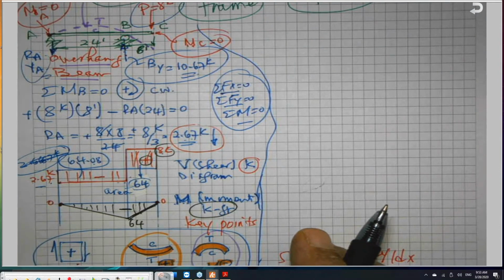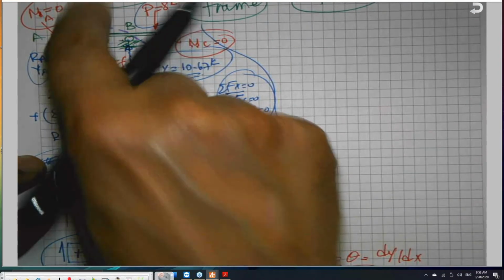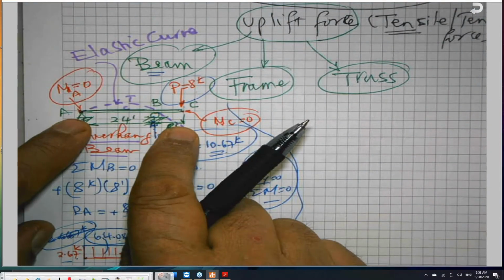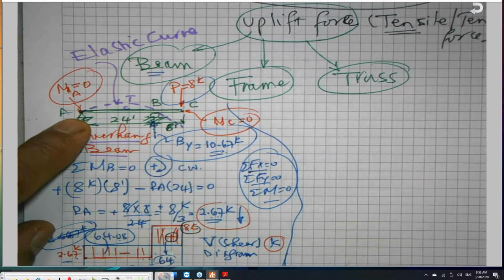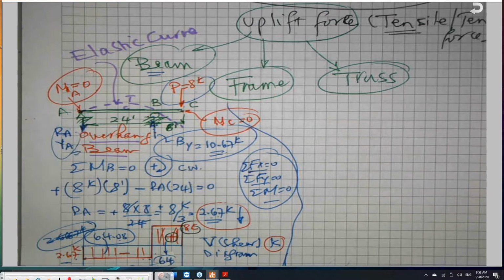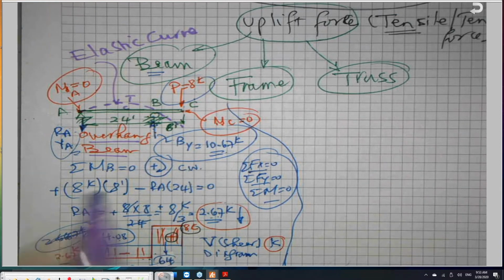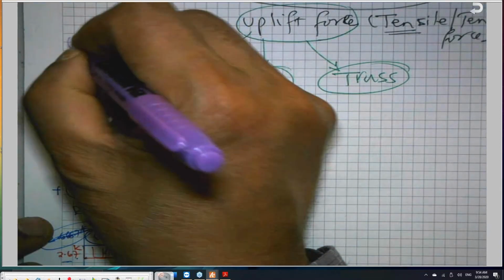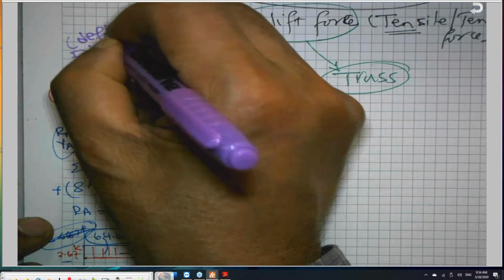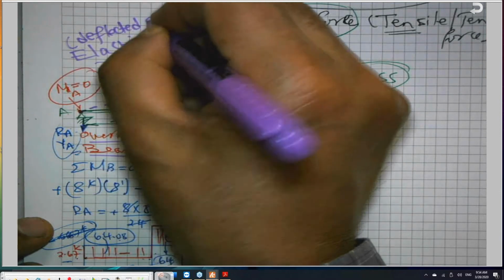Draw the elastic curve, because he could give you a beam and tell you which of the following elastic curves is the correct one. The elastic curve also gives the deflected shape of the beam.